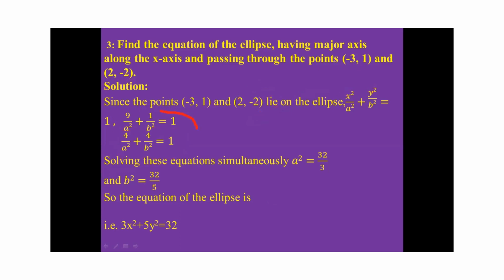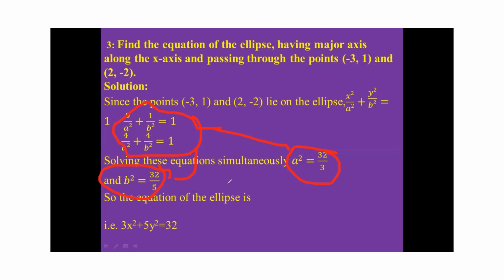Solving these equations simultaneously, the value of a squared equals 32 over 3, and the value of b squared equals 32 over 5.